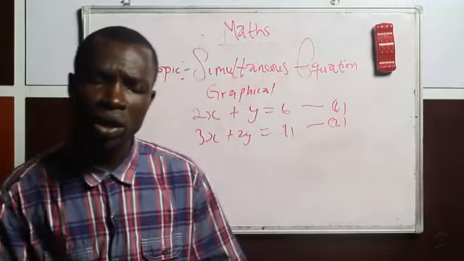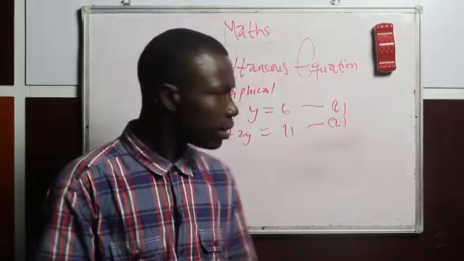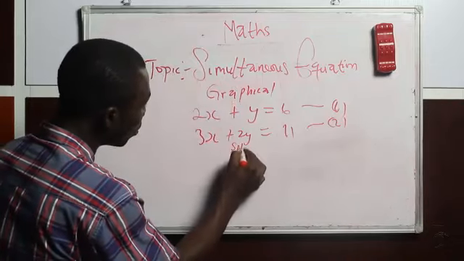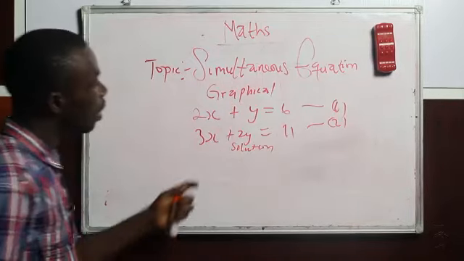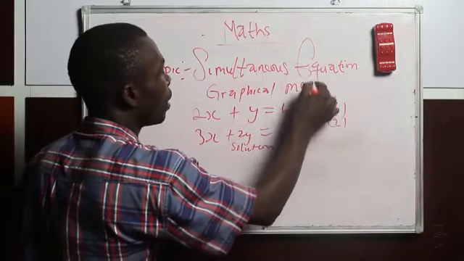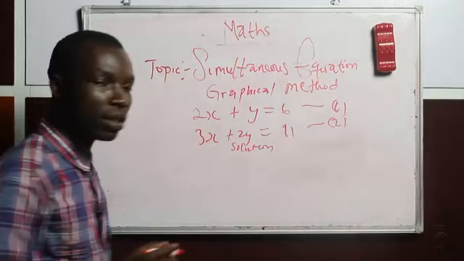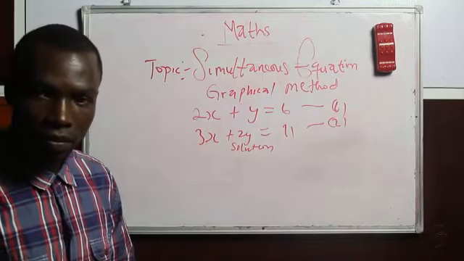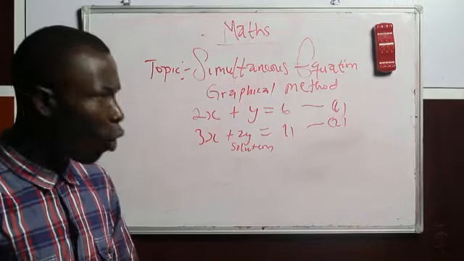Now, how do we solve this question with the graphical method? The solution is what I told you earlier about using the graphical method and finding the gradient of a graph.